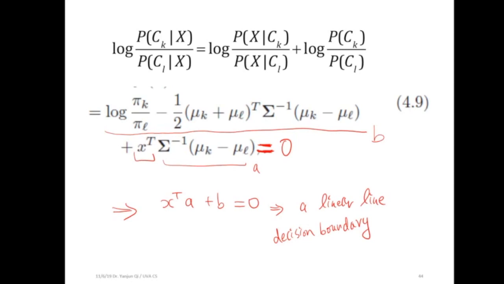Because I know sigma and I know the mu, this whole thing is just a constant b. And this is x transposed times another constant A. It follows the formulation x transposed A plus b, which is a linear line. You can totally prove it. LDA actually indicates linear decision boundaries.